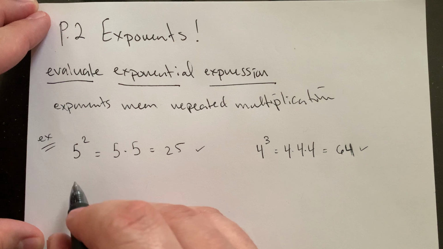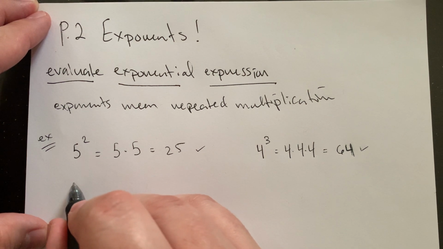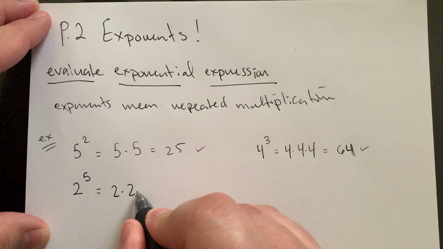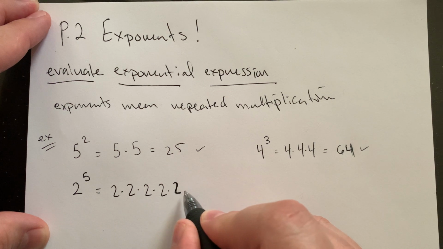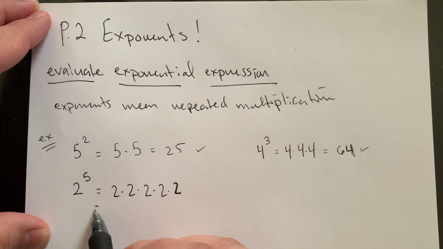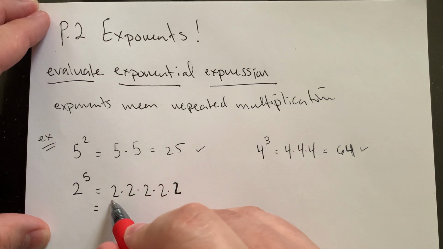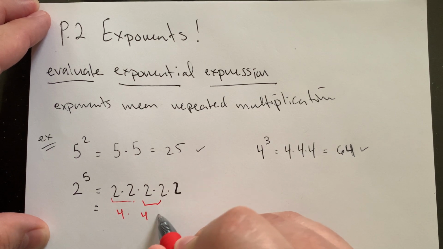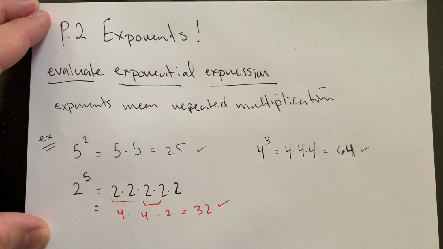Right, and what you can kind of see happening for us here, if we take something like 2 and raise it to the 5, so that's 2 times 2 times 2 times 2 times 2, right? 5 2s all in a row. And you can start to see it gets a little bit trickier to keep track of these. So every 2 of these would be 4, right? So that's 4 times 4 times another 2. That would be 16 times 2, and so that would be 32.